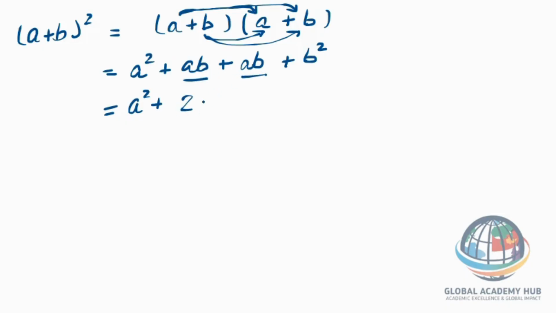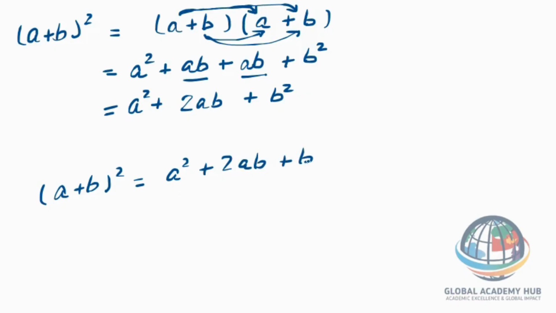So this then becomes 2ab plus b². And that's the identity. The identity says (a + b)² is equal to a² + 2ab + b². So had I known the identity and recognized this was a perfect square, I could have gone straight here.